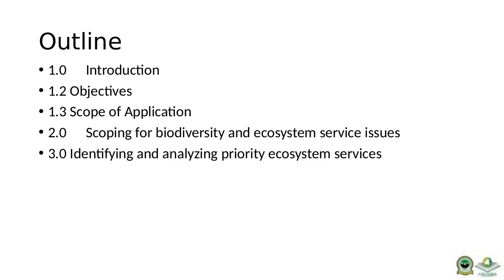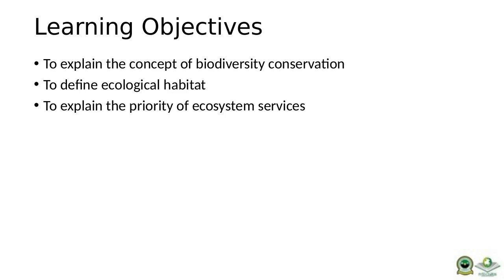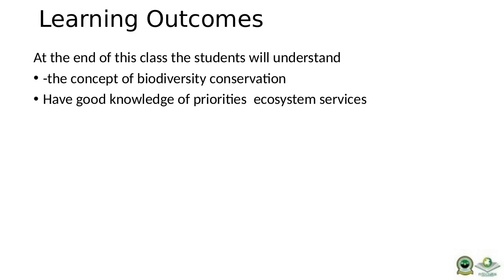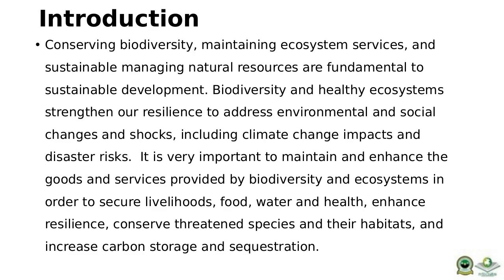We also talk about identifying and analyzing priority ecosystem services. Hope you can hear me clearly. We believe that at the end of the section, the concept of biodiversity would have been known, and you will have good knowledge of priority ecosystem services.